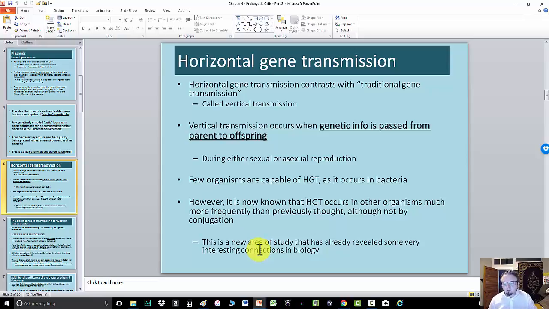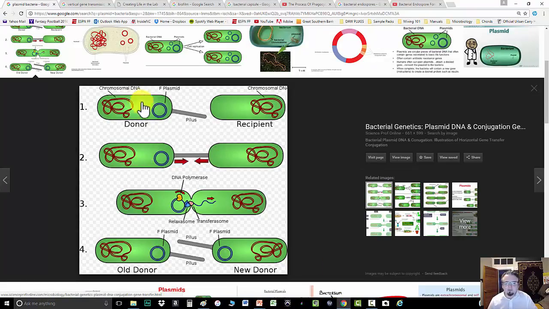So when we talk about the plasmid, let's pull up this figure just to clarify. We're talking about this plasmid here being transferred. This picture shows the donor, here's the pilus, they link up, and then the plasmid down here is replicated, making a duplicate, and the duplicate is passed into the recipient cell.